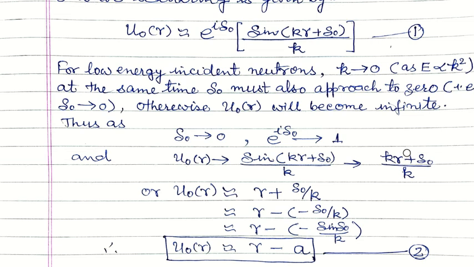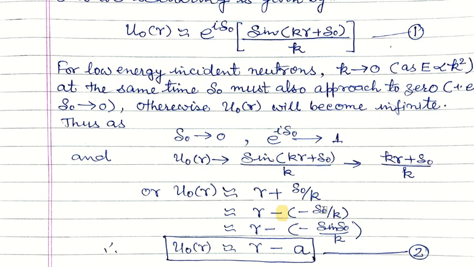So the radial wave function tends to (kr plus delta 0) upon k. Let us divide it by k, then we get u0(r) is equal to r plus delta 0 upon k. Let's take minus 1 common. Then we get radial wave function u0(r) is equal to r minus bracket minus delta 0 upon k.